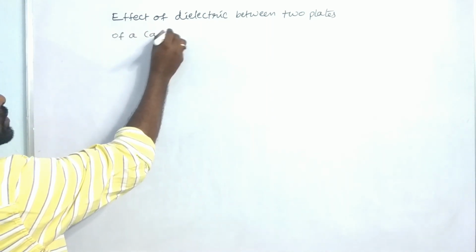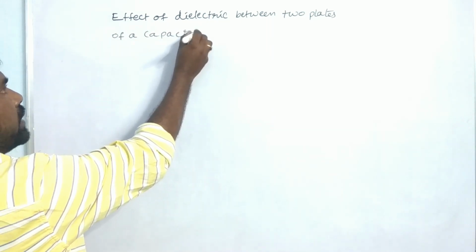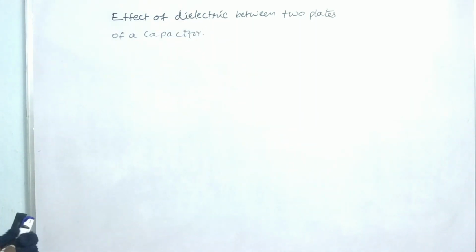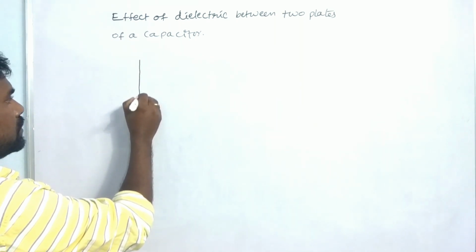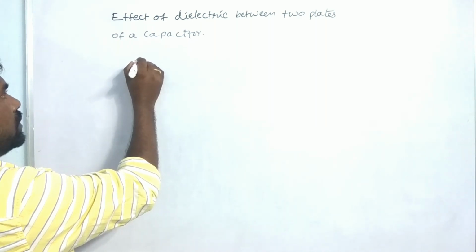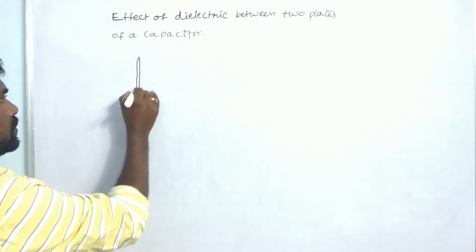Whenever we take a dielectric with dielectric constant K, so this is the capacitor, the plates of a capacitor.